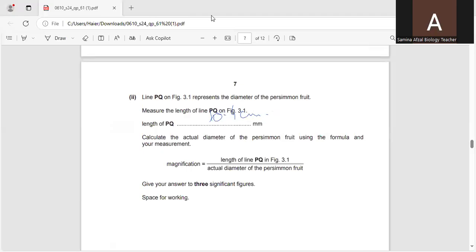First of all, we will convert this into millimeters, because they have given this in millimeters. So we have to change 10.4 into millimeters. We will multiply with 10.